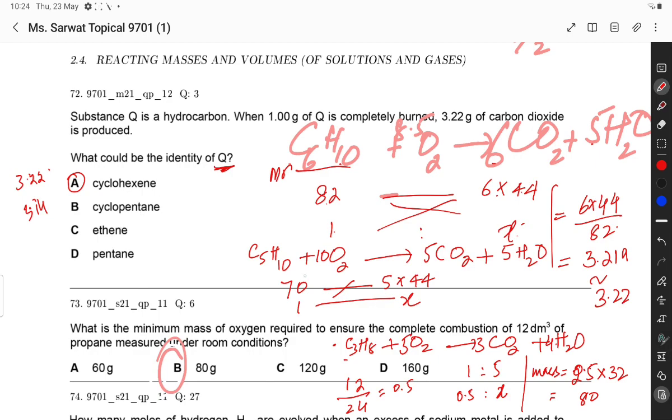We can check cyclopentane like this: C5H10 plus oxygen to form carbon dioxide and water. The molar mass of cyclopentane is 70 and the molar mass of carbon dioxide is 44. So 70 produces 5 moles of carbon dioxide. So if 1 gram of cyclopentane reacts, the answer is 3.14, so that's why it is incorrect. You can calculate ethene and pentane like this.